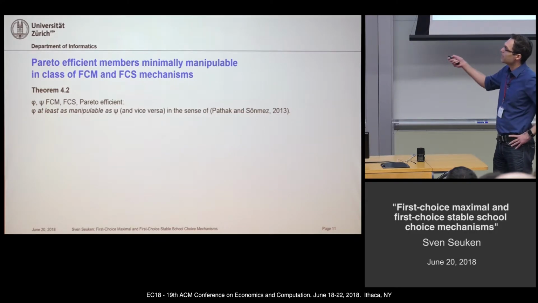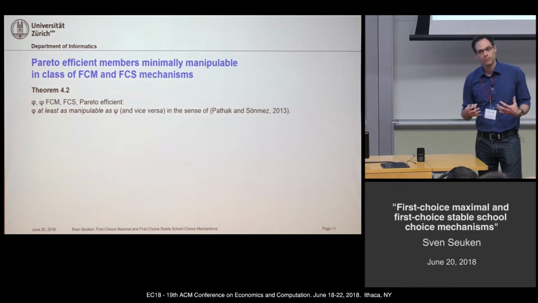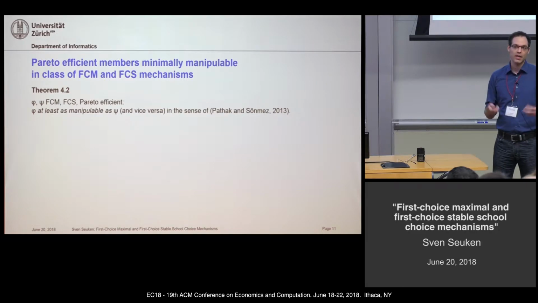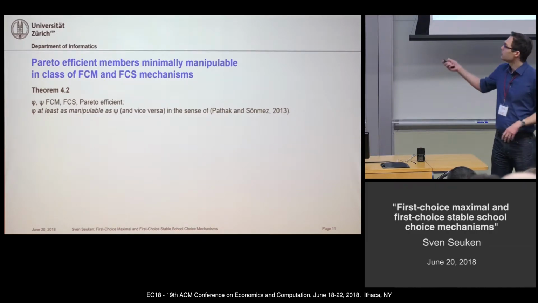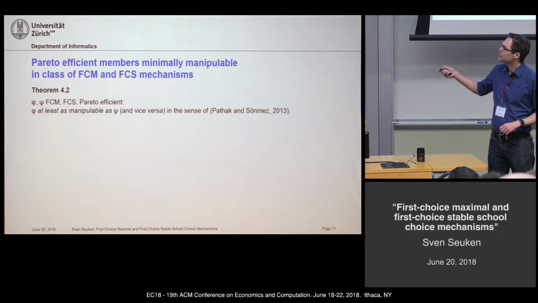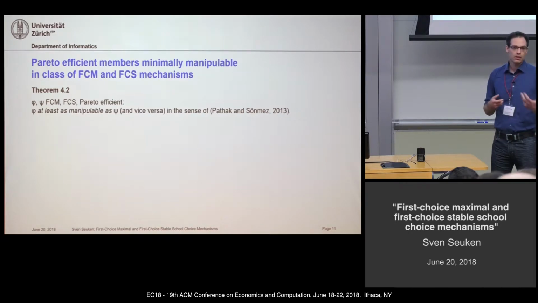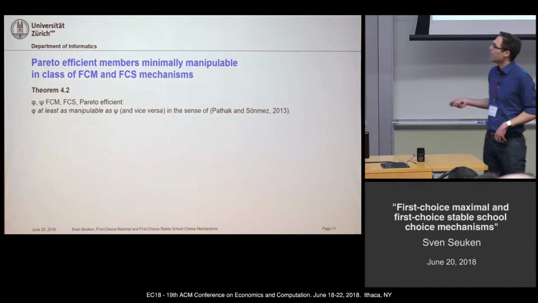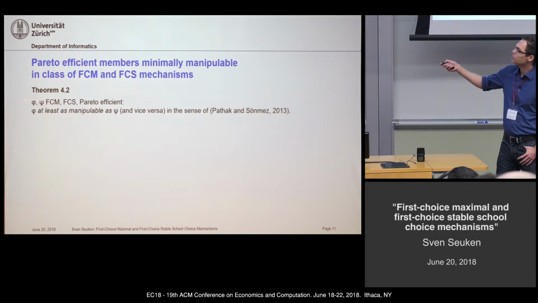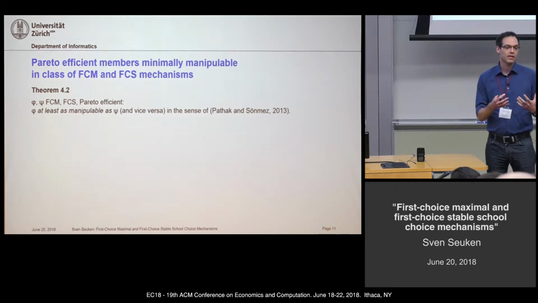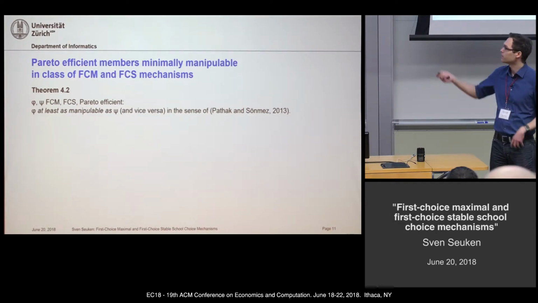We have a method of comparing non-strategy proof mechanisms by their incentives due to Pathak and Sönmez, who introduced the "as manipulable as" relationship. And our theorem says that if we have two mechanisms that are first choice maximal, first choice stable, and Pareto efficient, then these two mechanisms will be in that formal sense as manipulable as each other.